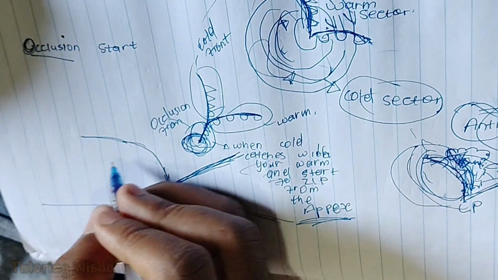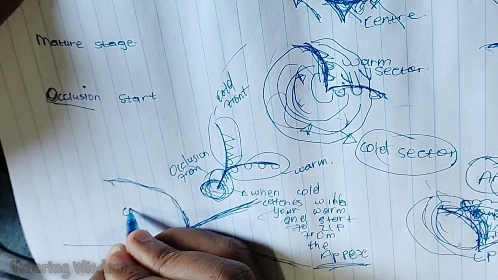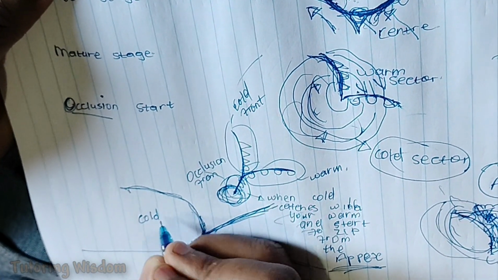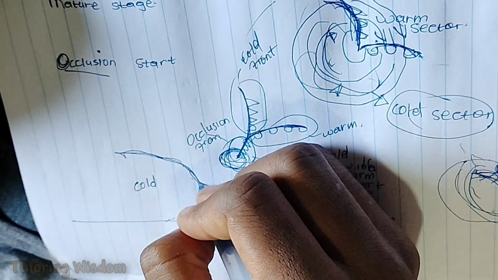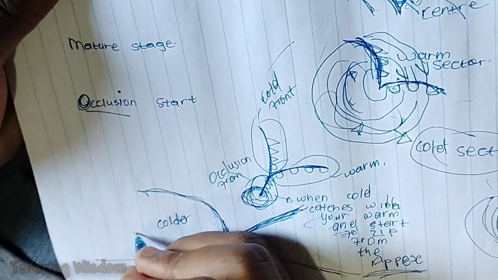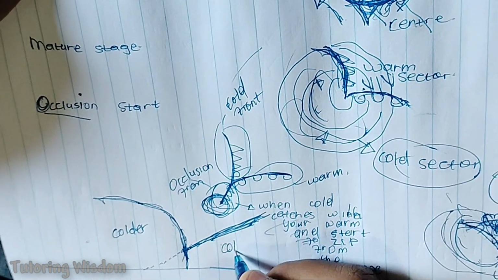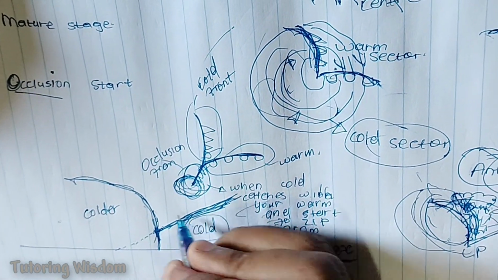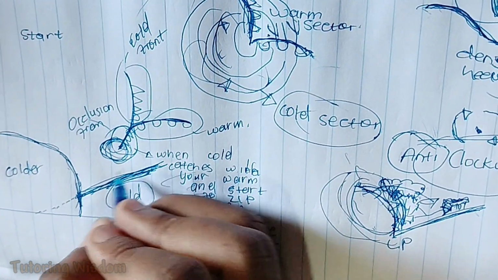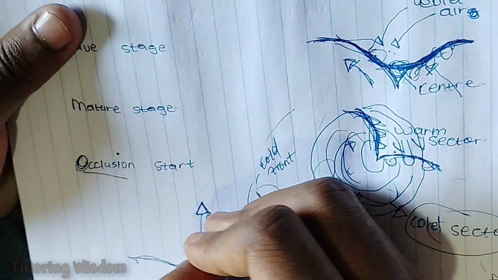Why? Because the air behind your cold front is colder than the air behind your warm front. So that means this air is a little bit warm, so that causes this front to rise. Remember, warm air is associated with rising since it's lighter than cold air.